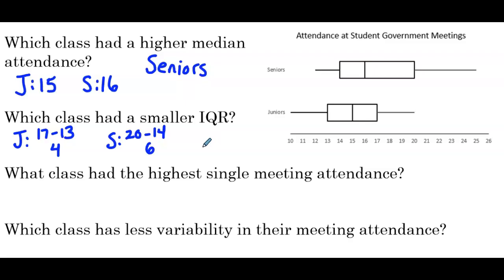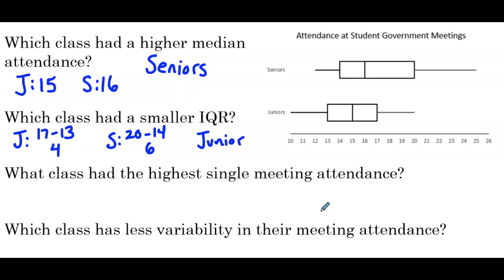So the smaller interquartile range is in the junior class. We can see that visually as well in the fact that the junior class box plot is smaller, or the box is smaller, I should say. And what that means is that the first and the third quartile are closer together, so the interquartile range would be smaller in comparison to that of the senior class.